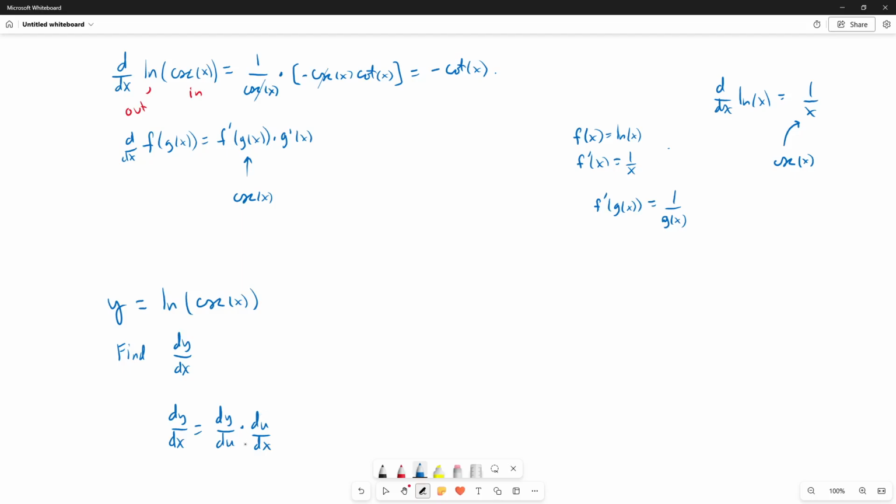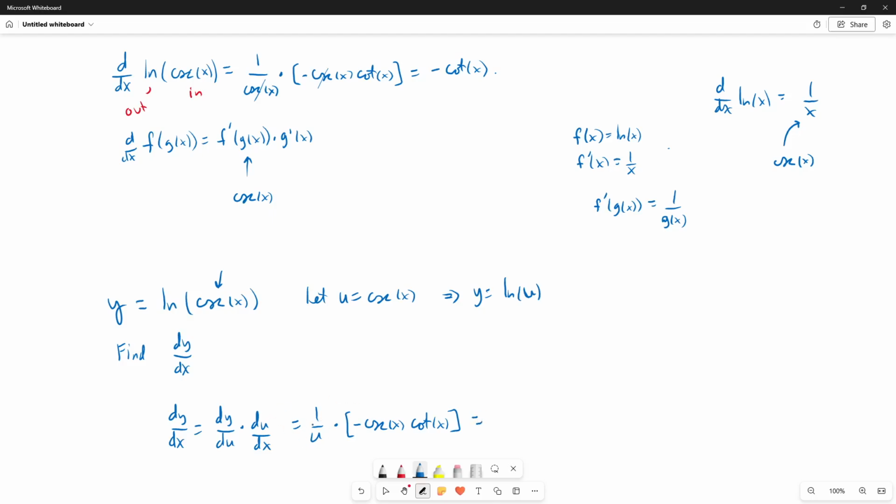Now what is this u variable? We're going to let u be the inside function, the cosecant of x. That means then that y is the natural log of u. And now dy du is 1 over u, and du dx is negative cosecant of x times cotangent of x.